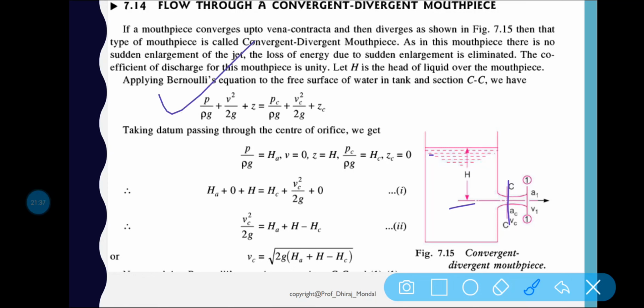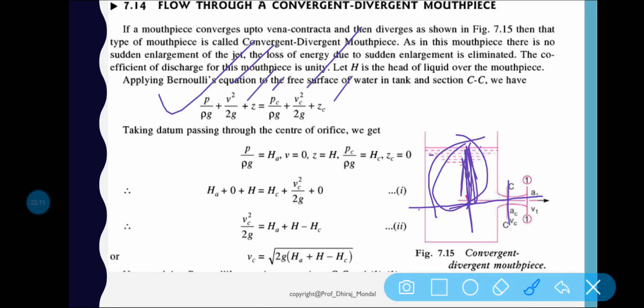So you know that P by rho g plus V square by 2g plus Z is equal to PC by rho g plus VC square by 2g plus ZC. Taking the datum passing through the center of the orifice, P by rho g is the atmospheric pressure head, V is equal to 0, and Z is equal to H.